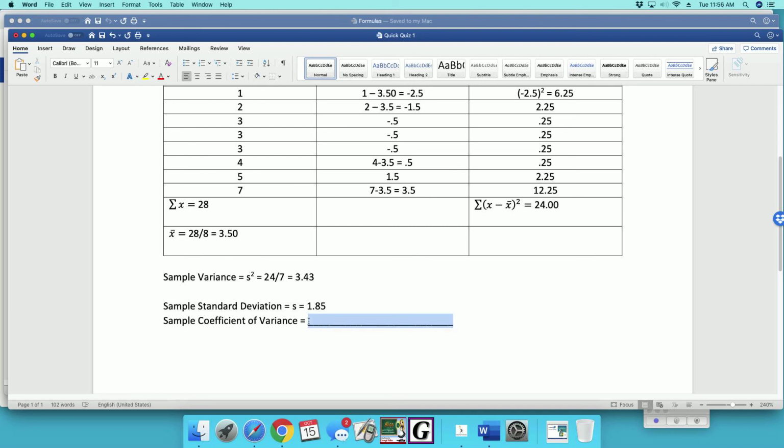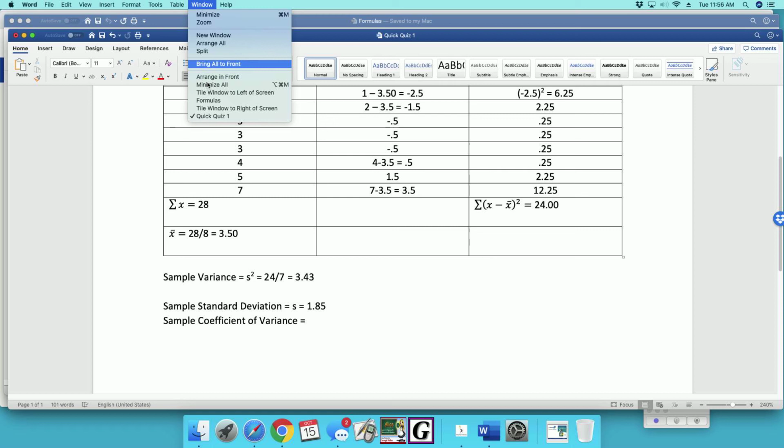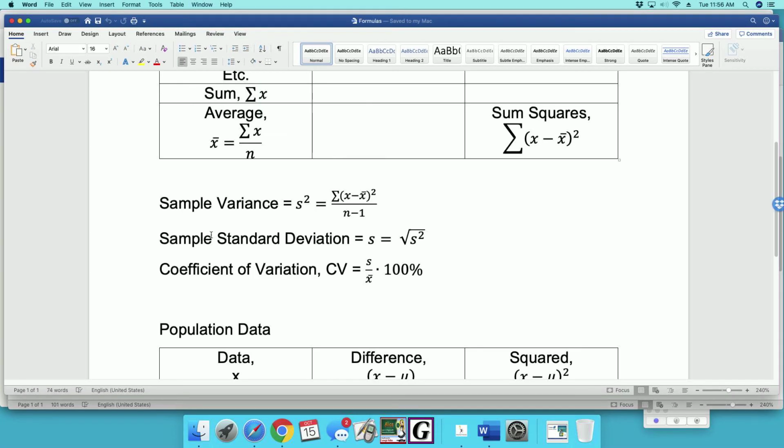All right. Now I'm going to look at my formula sheet for the sample coefficient of variance. It is S, which is my 1.85, divided by my average, then times 100.